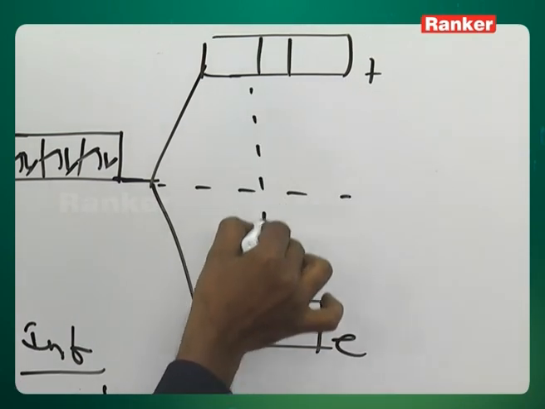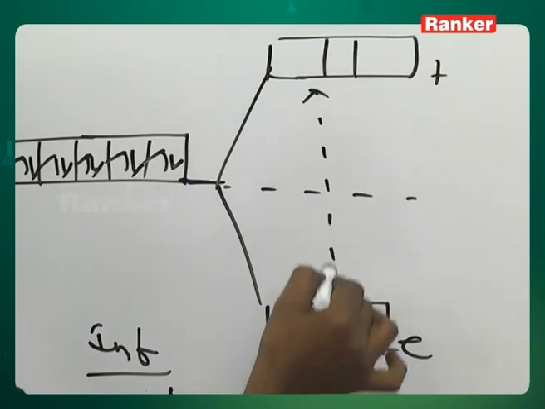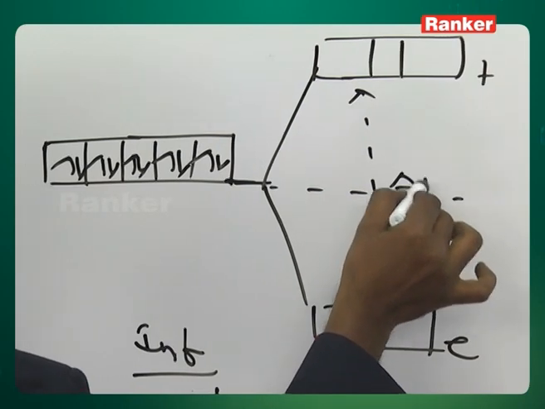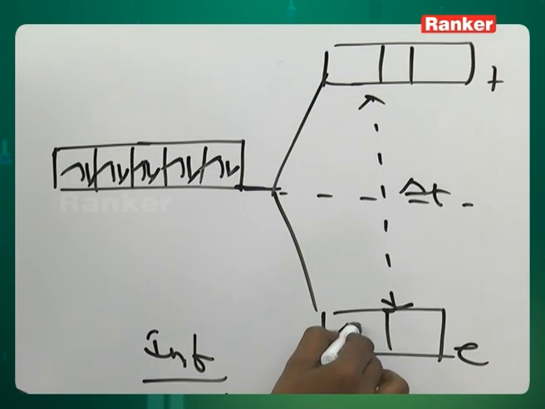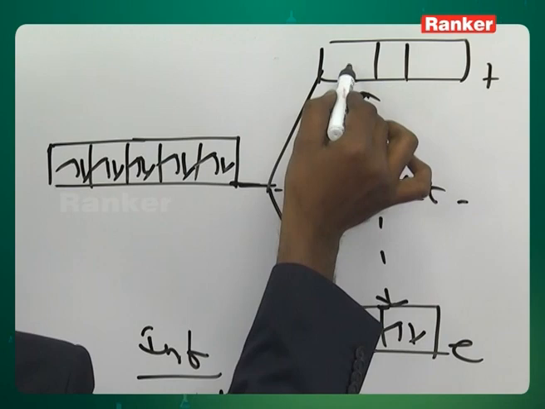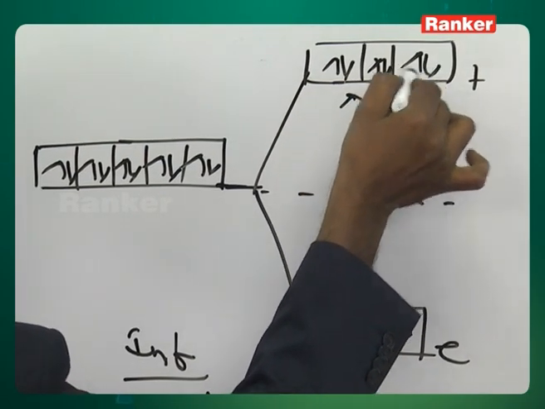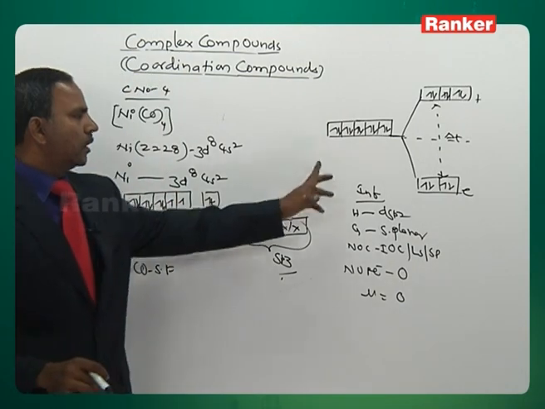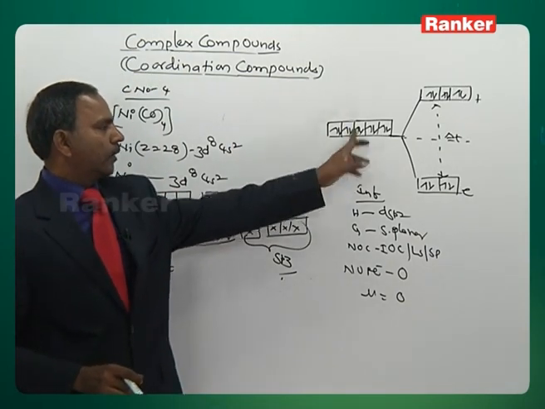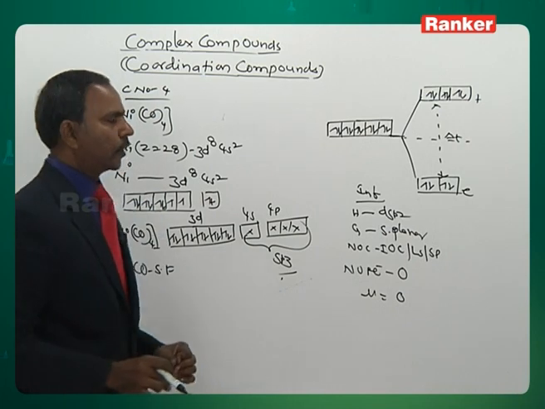Then the splitting, say this is delta T. Arrangement of electrons: 1, 2, 3, 4, 5, 6, 7, 8, 9, 10. This is the arrangement of electrons in nickel tetracarbonyl, 10 electrons arranged in these d orbitals.